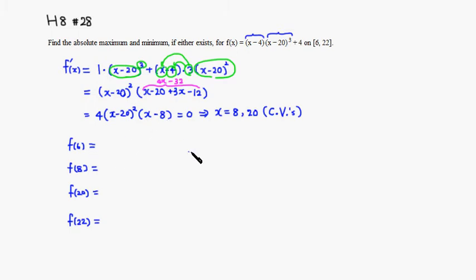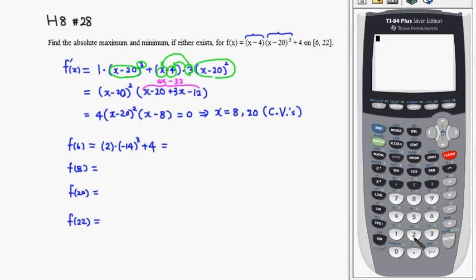So what's f of 6? We plug in 6 here. 6 minus 4 is 2, times 6 minus 20, so it's going to be negative 14 cubed, plus 4. I'm going to cheat.